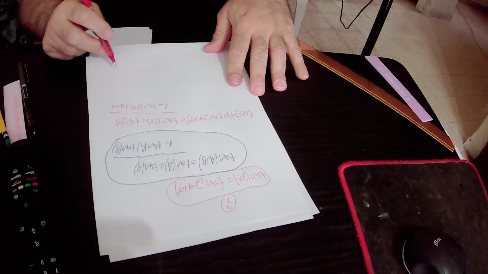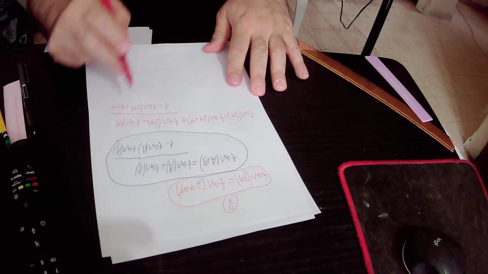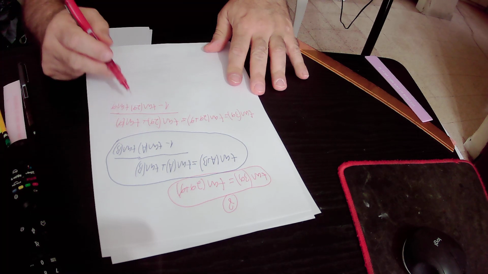Okay, that is the value of tangent of 2 alpha plus alpha according to this trigonometric identity.